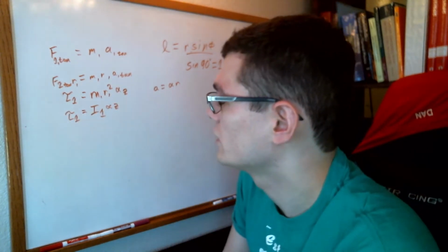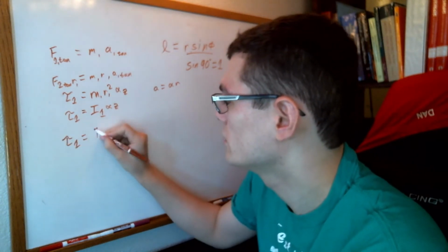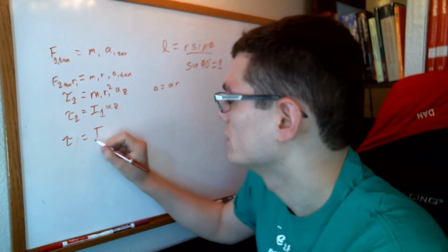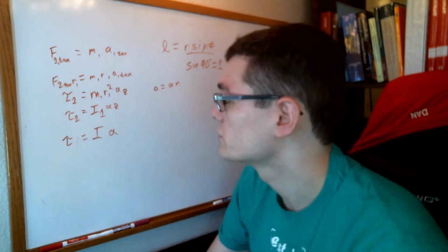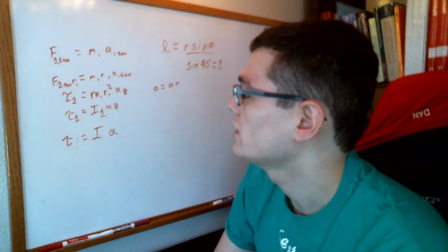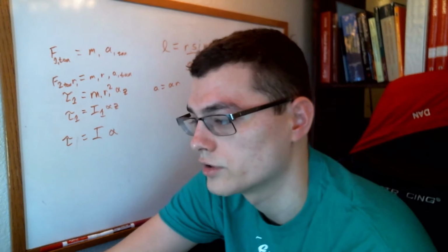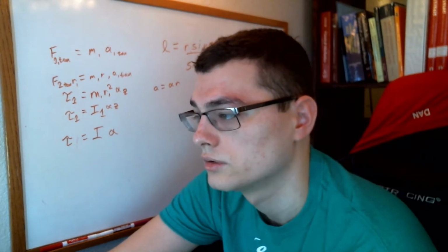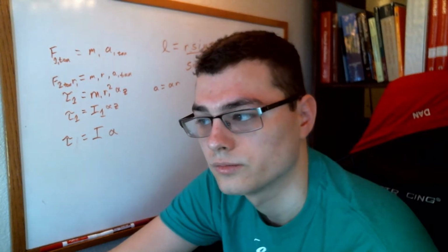And so then we can instantly say that for a general equation, torque is going to be equal to the moment of inertia times the angular acceleration. This is from an angular point of view, and the torque from what we derived before is from a force point of view.